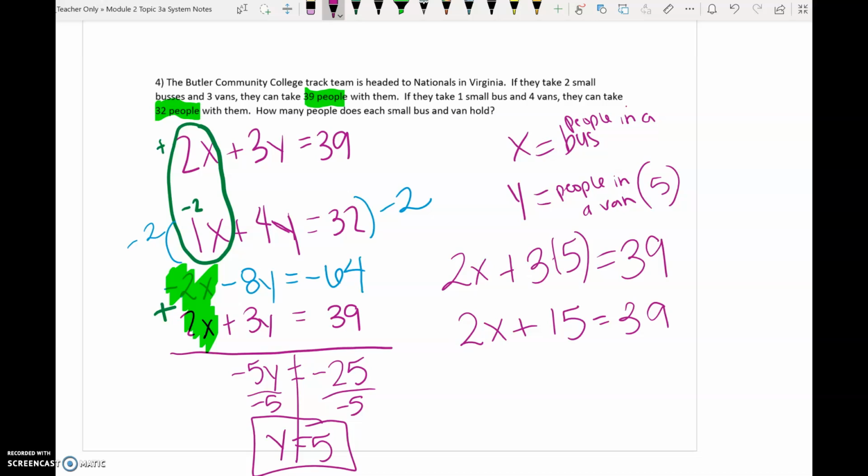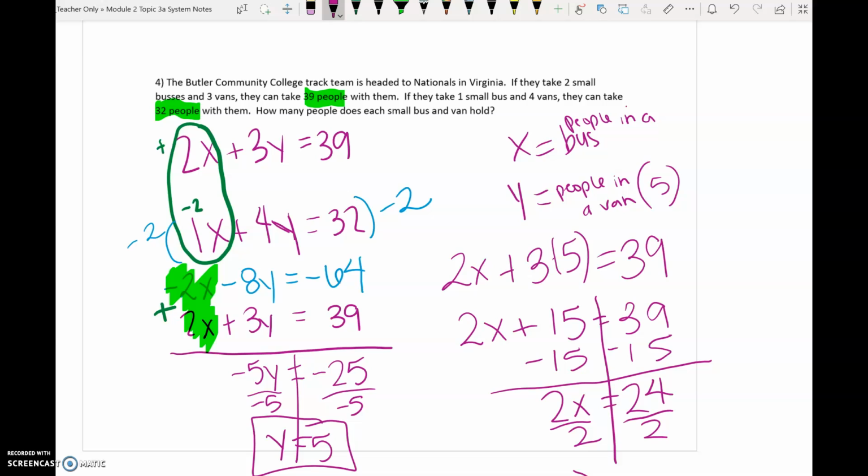This is then just an equation we can solve for x. Subtract 15 from both sides. 2x equals 24. Divide by 2. X equals 12. So that means each bus holds 12 people.